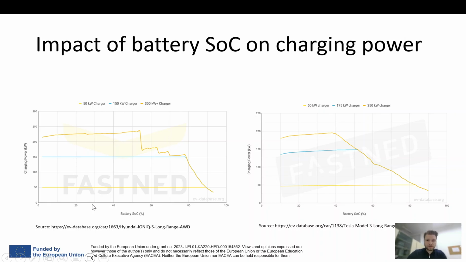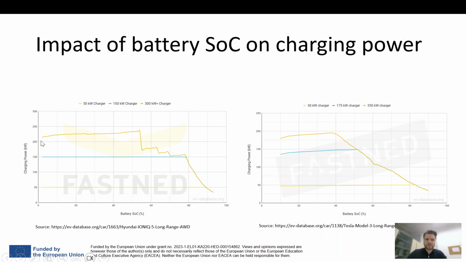So what we see on this slide are graphs representative of two different vehicles. The first vehicle is a Hyundai Ioniq 5 and the other is a Tesla Model 3. On the x-axis we see the battery state of charge. So this is the state to which the battery has been charged. And on the y-axis we see the charging power.